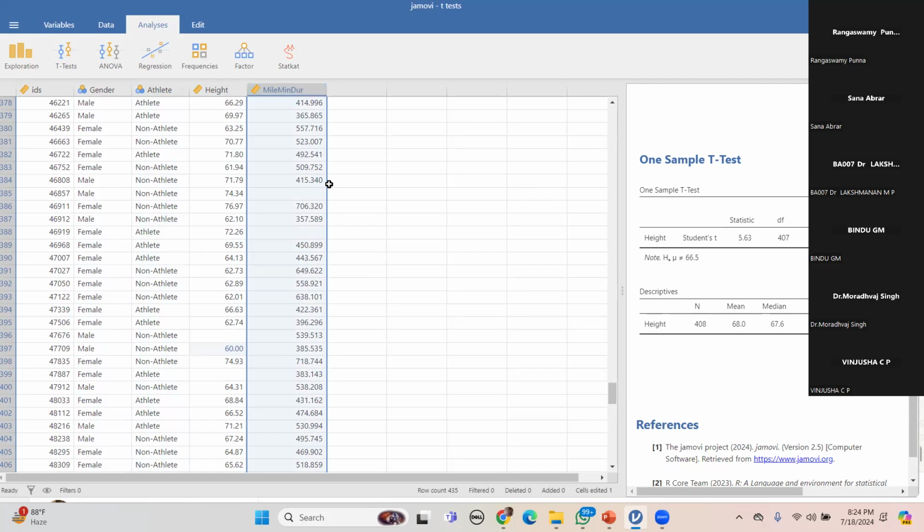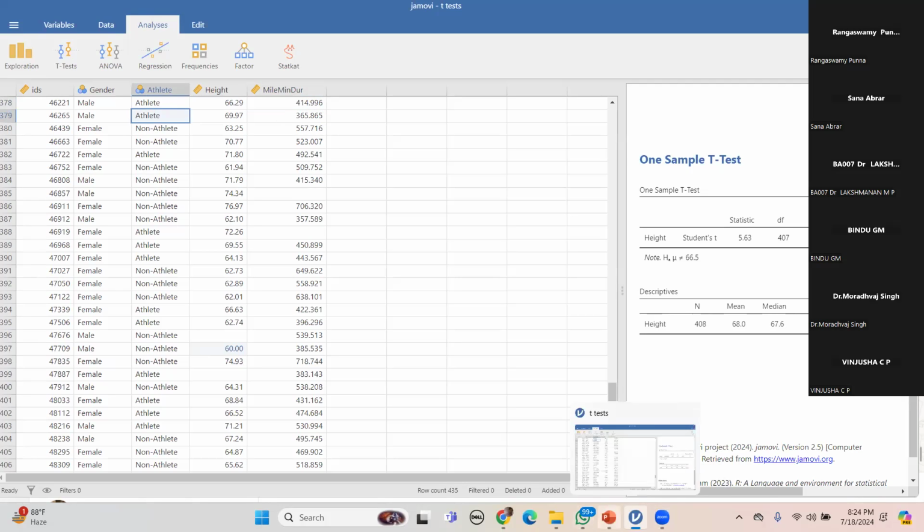I just want to know whether a person belonging to the athlete category or the non-athlete category has any kind of difference when it comes to the number of miles per minute duration. So for one minute, how many miles can a person go? Whether a person in the athlete category can go more than the non-athlete category or not.